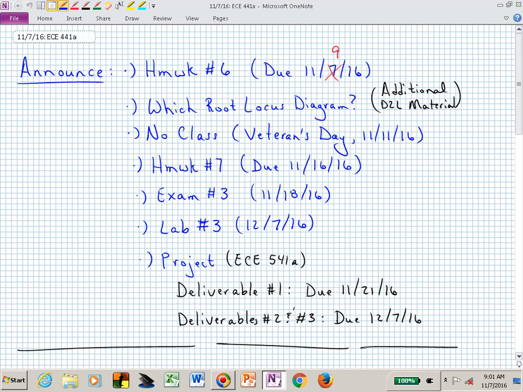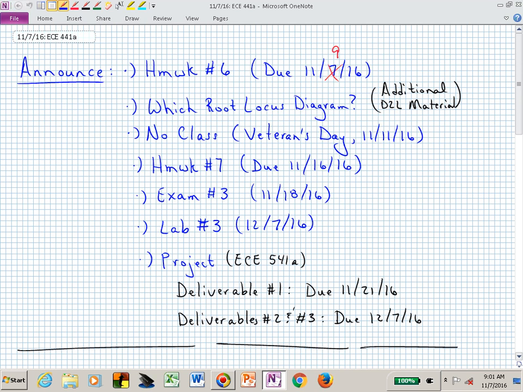Now you can build on different aspects of the root locus and hopefully get pieces of the root locus constructed and get points that way. And it's not just each problem builds on the other. It may be completely different types of rules for the root locus construction in each of those problems.